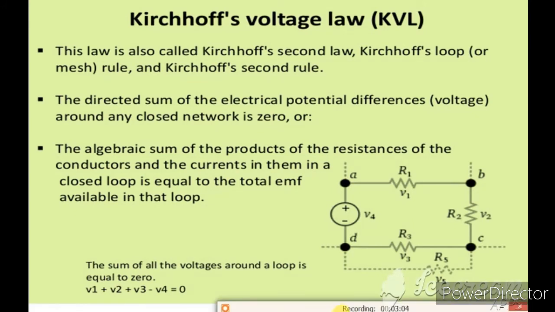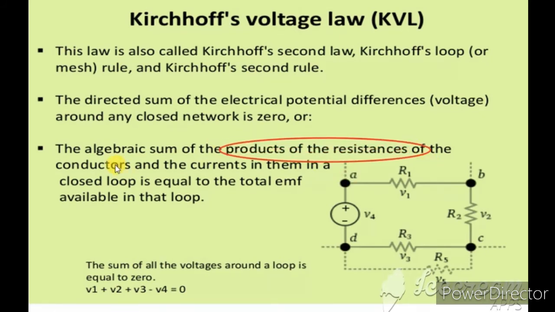See here, the sentence says the product of current and resistance is equal to the sum of the EMF. So what they have said is the product of resistance and current.